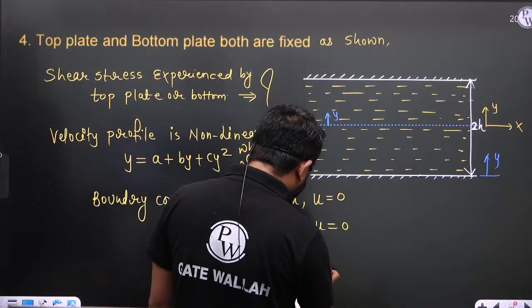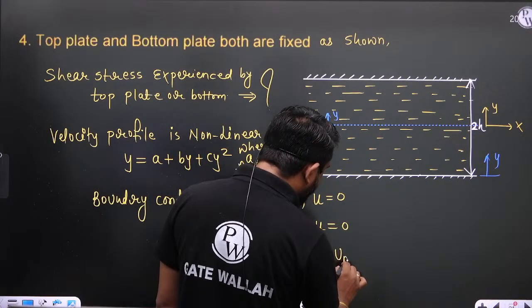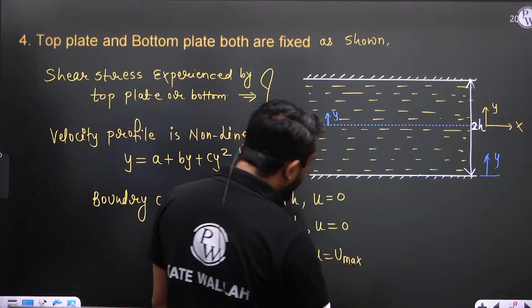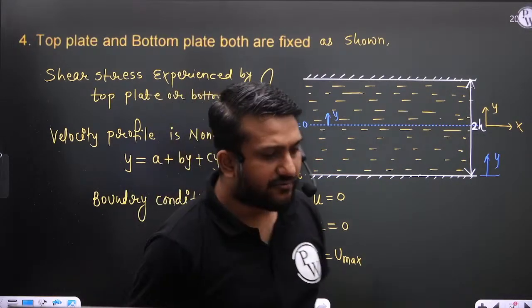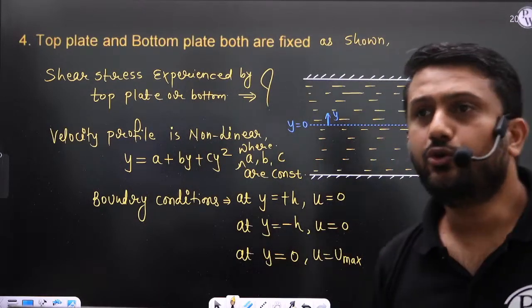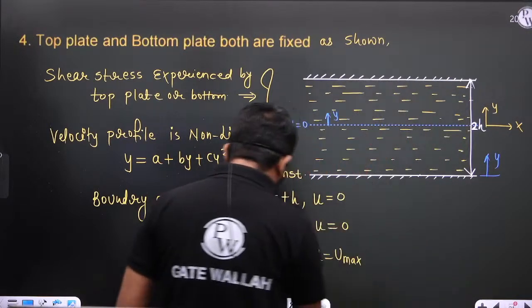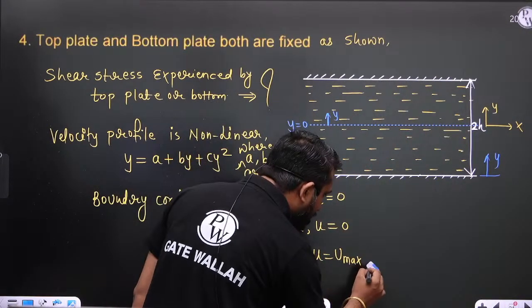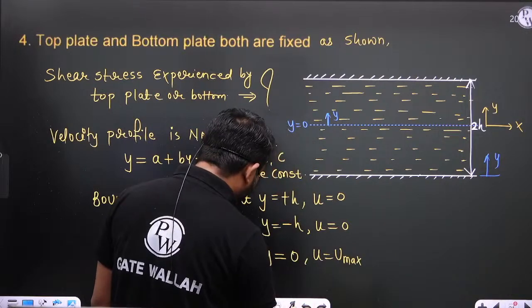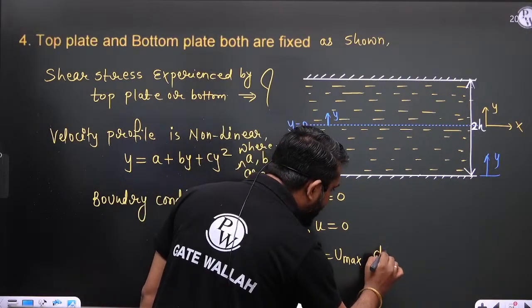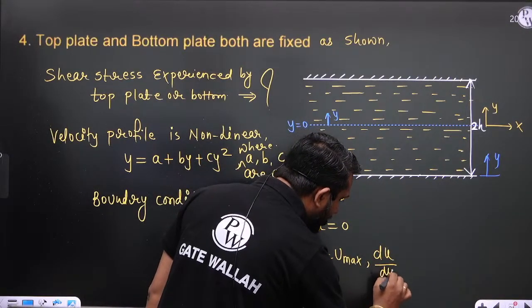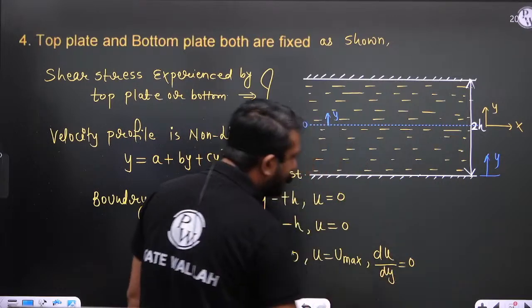And can we write at y is equal to 0, that u becomes u maximum? At y is equal to 0, u becomes u maximum, or we can say at y is equal to 0, that du by dy is equal to 0. That is the benefit of symmetry.